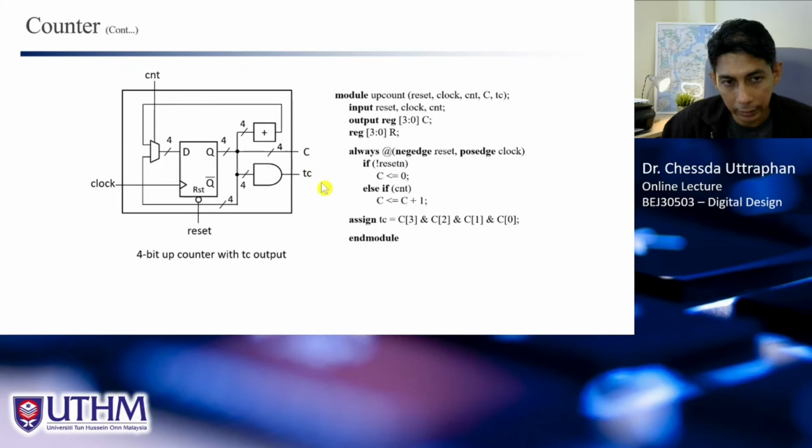If the number that we want is detected, then we can know using this signal. In this case, it detects the full value of the counter, which is 1, 1, 1, 1. So you can change this to any gate combination to detect other values.